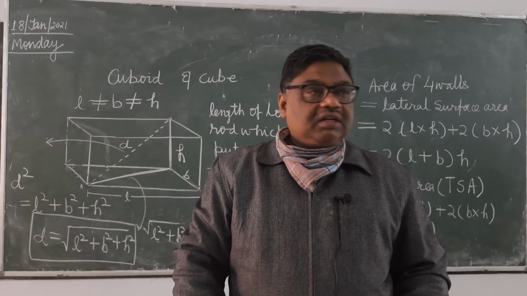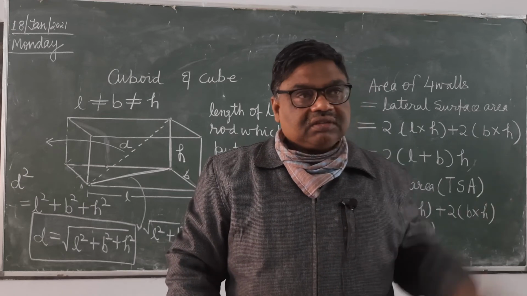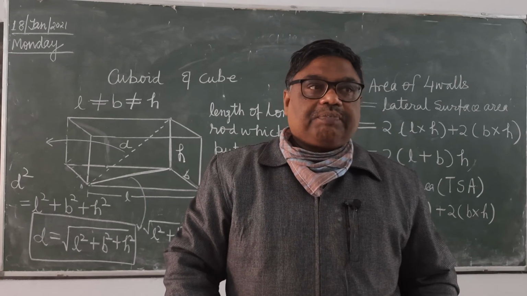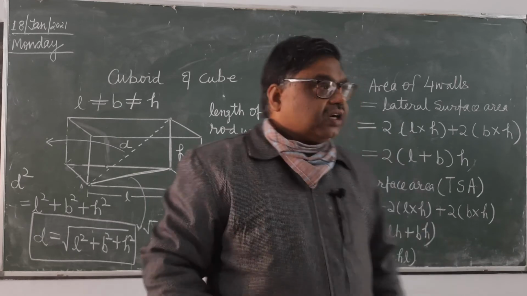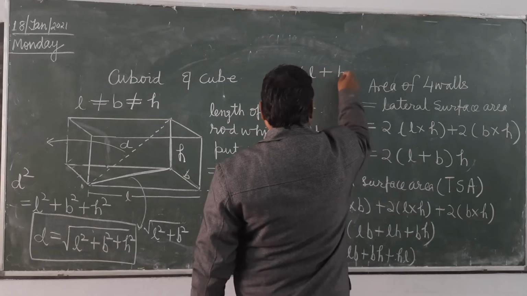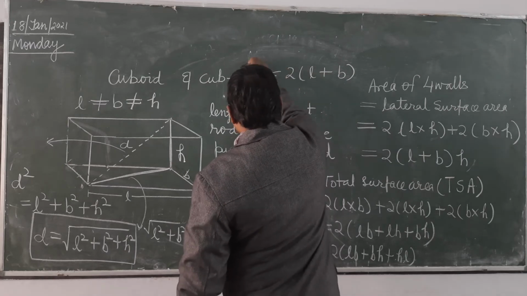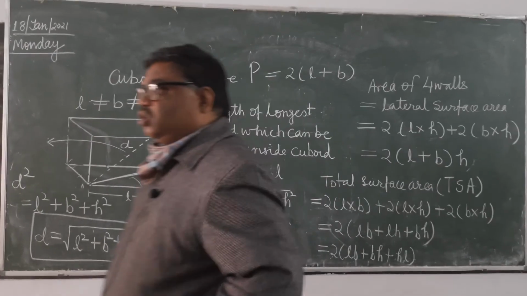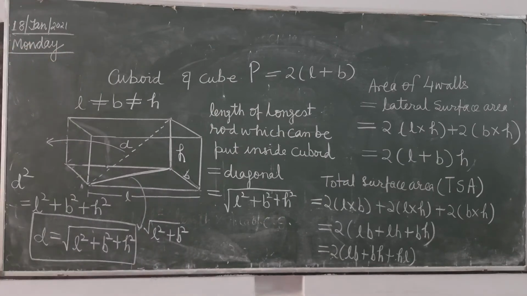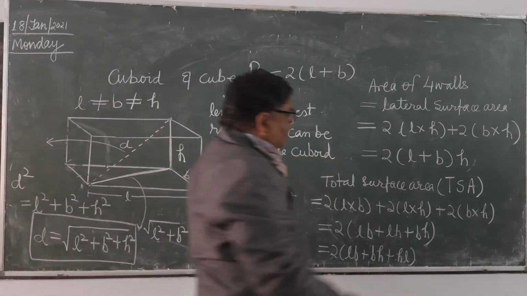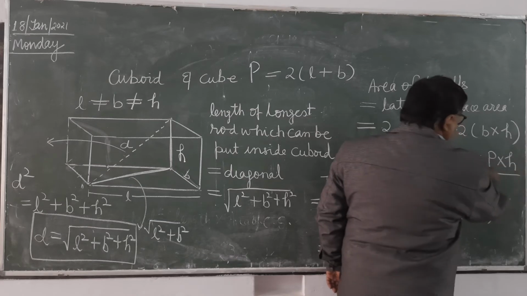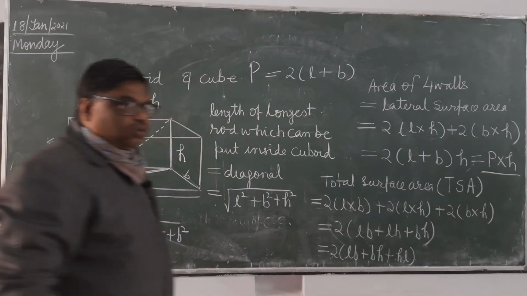What is the area of 4 walls? 2 within bracket L plus B into H. And 2 within bracket L plus B is the perimeter of base. So you can write area of 4 walls in this way also: perimeter of base into height.